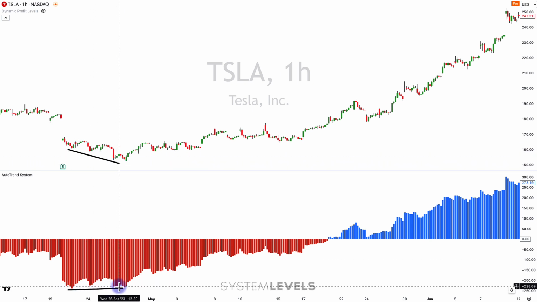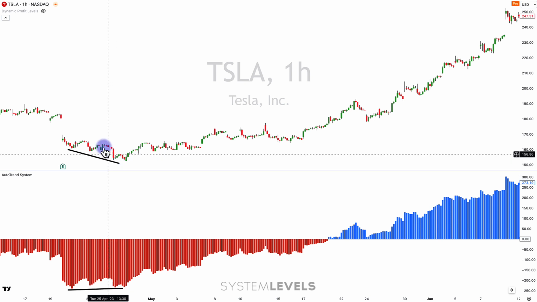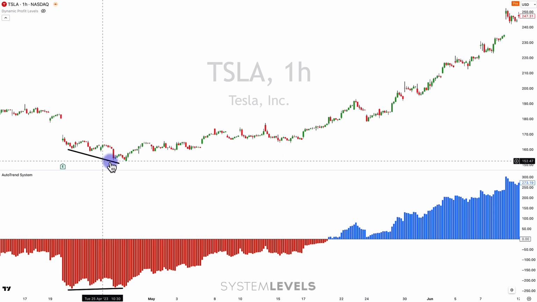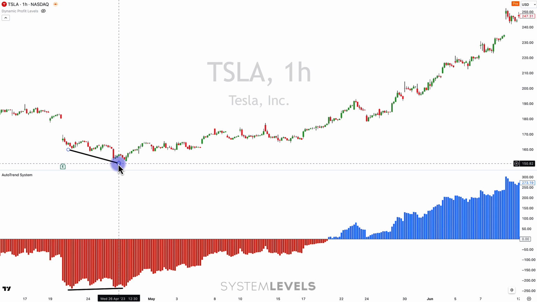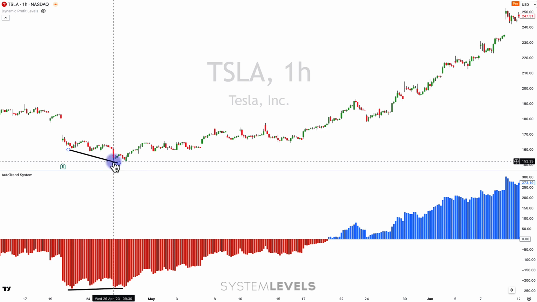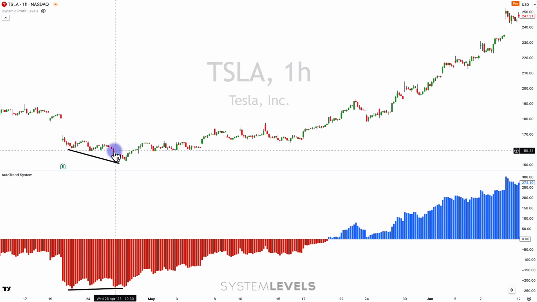It made a higher low here, or you could also see it as this staying mostly flat, but at least it did not make a lower low. It made a slightly higher low here. So the momentum behind this downtrend is significantly weakening at that point. When this happens, again, that is your confirmation to go long to the upside.